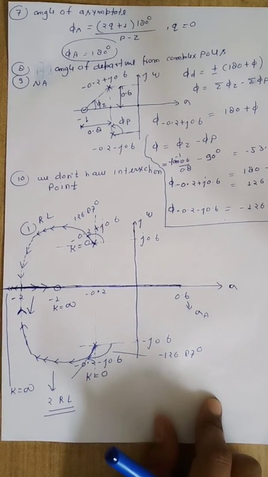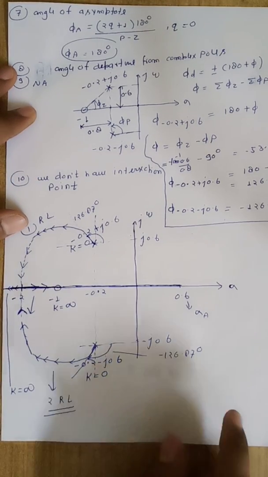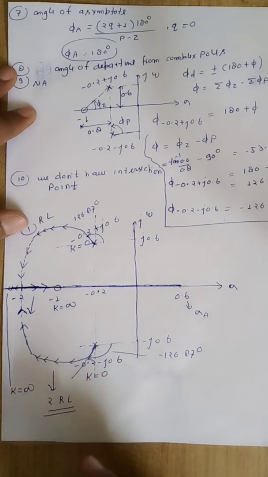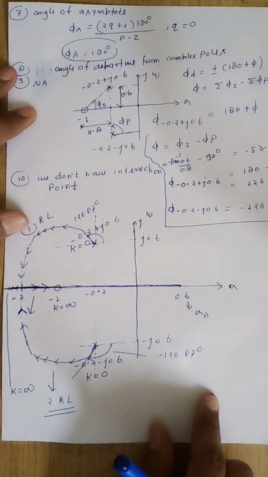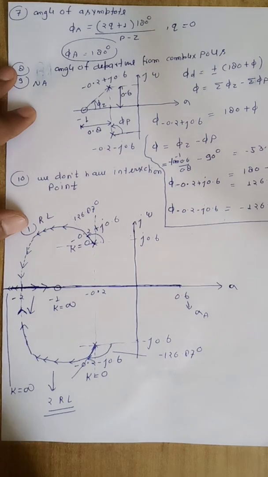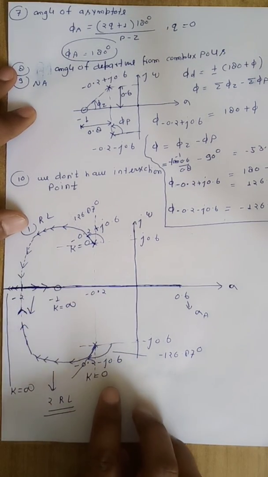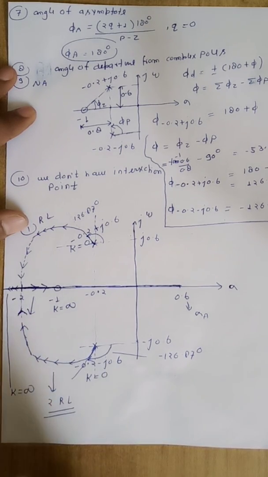Now let us see how we can decide the stability for the system. According to diagram, for all positive values of k, roots lie in the left half of S plane. So system is a stable system.